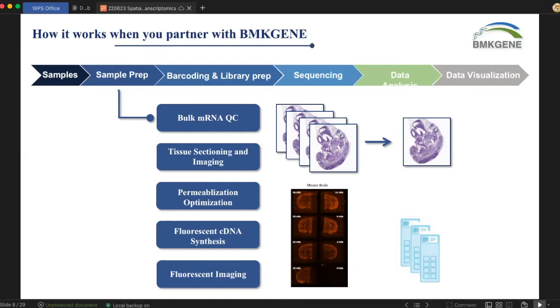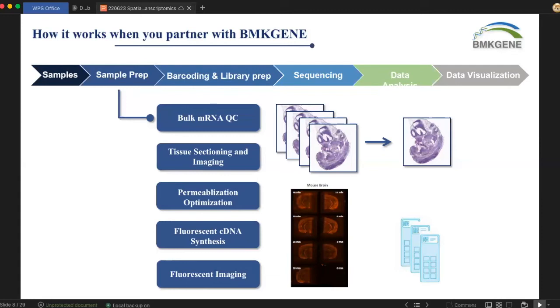So for this permeabilization optimization step, we will have a separate chip with 8 capturing areas. The difference between this chip and the previous one is that they don't have barcodes. They only have poly-dT probes anchored on the surface of this area.